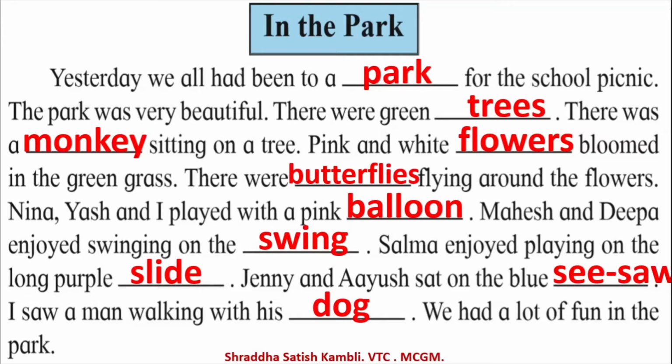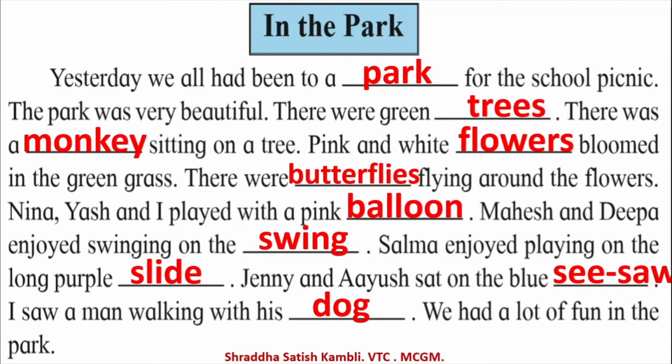Okay, now come on, let us read this once again. Yesterday, we all had been to a park for the school picnic. The park was very beautiful. There were green trees. There was a monkey sitting on a tree. Pink and white flowers bloomed in the green grass. There were butterflies flying around the flowers.